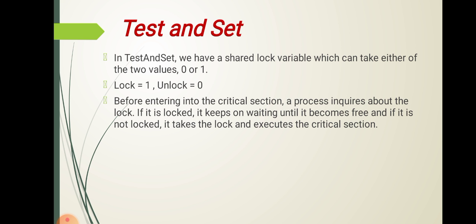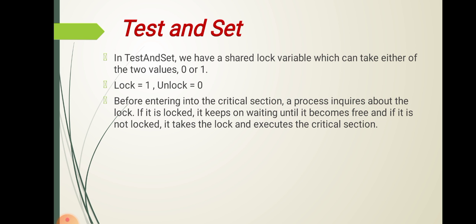Clear? Now, as I told you, test and set is going to test a certain variable. That variable is nothing but the lock variable. What values are we going to use here? That is 0 and 1. When lock is 1, the critical section is locked, and when the lock variable value is 0, we may say it is unlocked.